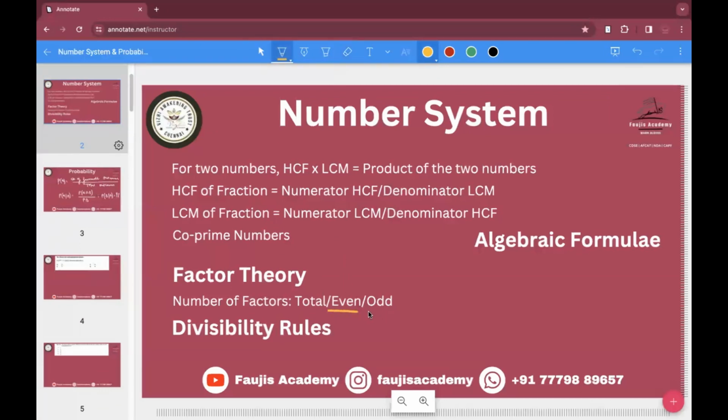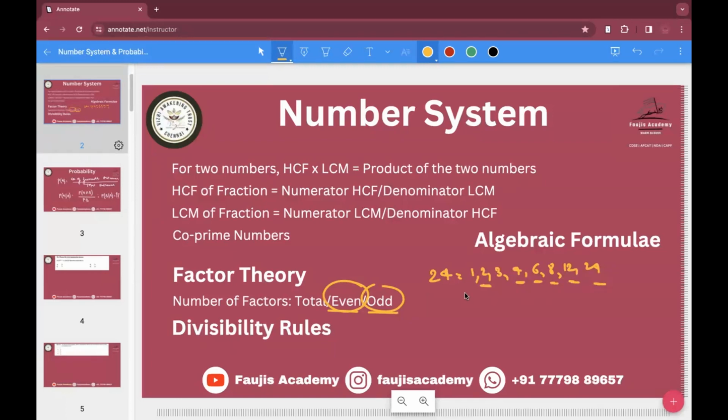Now, how to find the number of odd and even factors. Let's say I've written the factors of 24: 1, 2, 3, 4, 6, 8, 12, 24. There are some even factors: 2, 4, 6, 8, 12, 24.